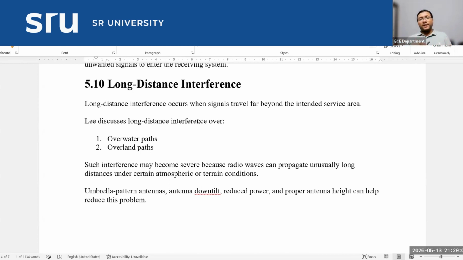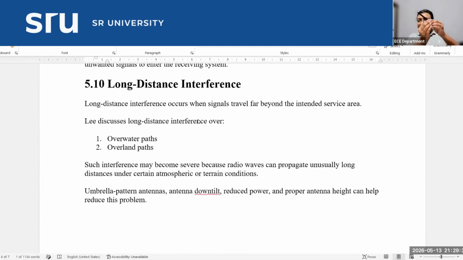So the power from that omnidirectional antenna will reach a distant place from the designated base station, and it may create interference. So what is the solution for this? We already discussed that we need to use some umbrella pattern antenna so that the radiation becomes confined within the desired cell.